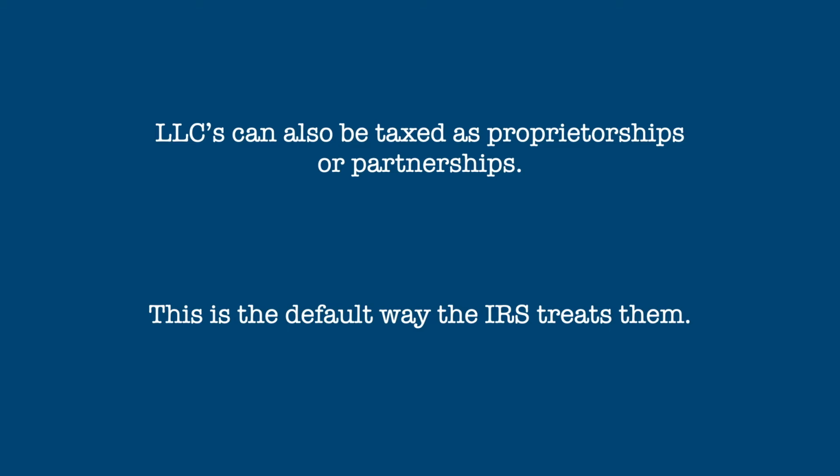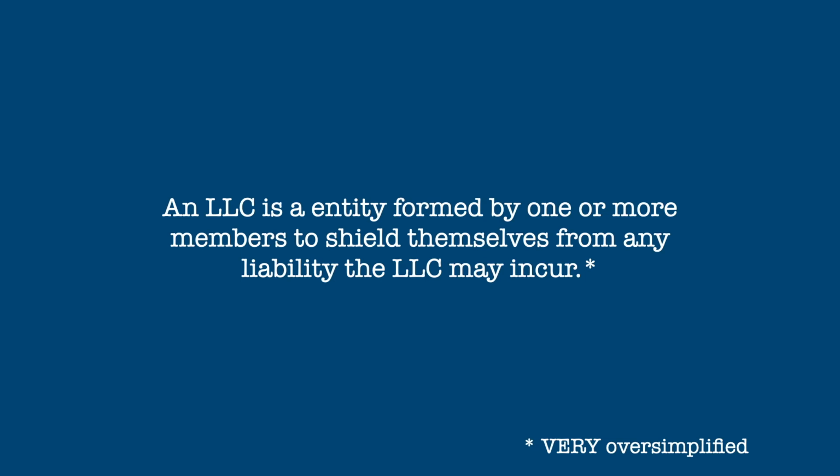Single-member LLCs are treated as sole proprietorships and multi-member LLCs as partnerships. I'll go into LLCs in depth in another video, but the oversimplified definition is that an LLC is an entity formed by one or more members to shield themselves from any liability the LLC may incur. So that said, let's look at sole proprietorships first.